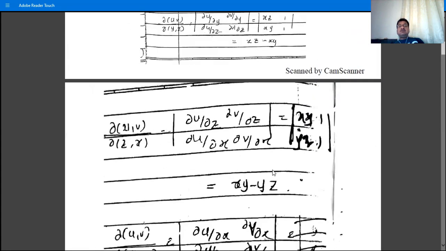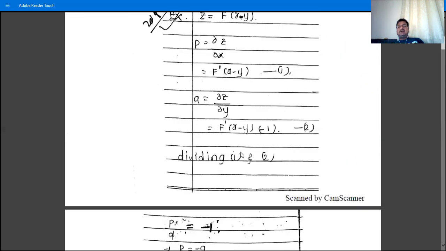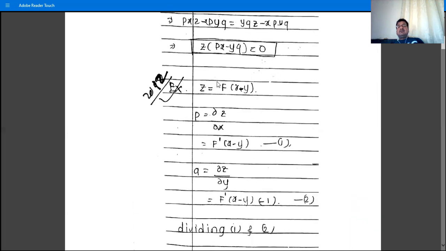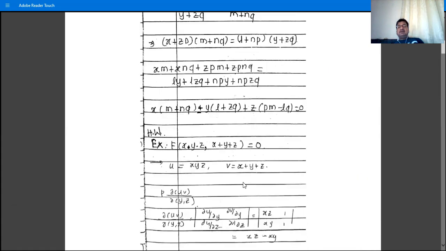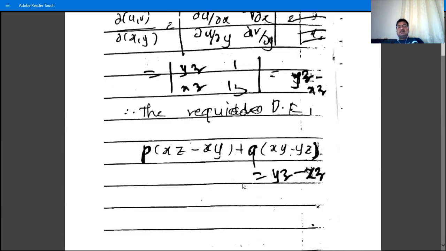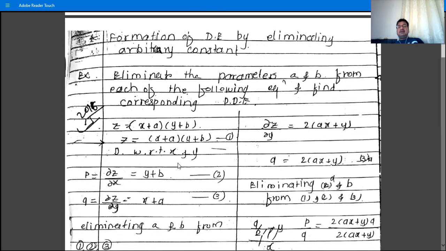Here is the elimination of the function. If you observe this problem, z is equal to f of x into y, or z is equal to capital F of x minus y. Here is the elimination of the function small f, capital F, or phi. Now the same type of problem, but we have to eliminate here. If you observe, z is equal to (x plus a)(y plus b), so this problem has two arbitrary constants, small a and small b.